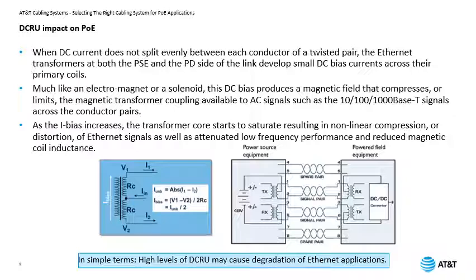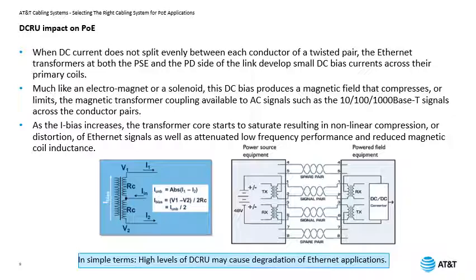Much like an electromagnet or a solenoid, this DC bias produces a magnetic field that compresses or limits the magnetic transformer's coupling available to AC signals, such as 10, 100, 1000BASE-T or even 10GBASE-T signals across the conductor pairs.